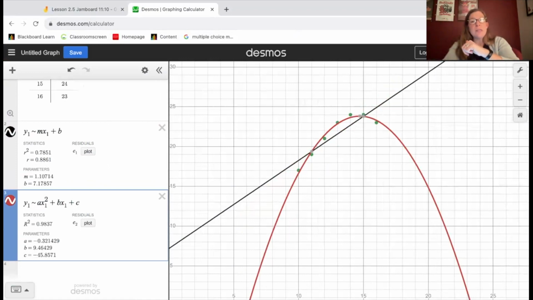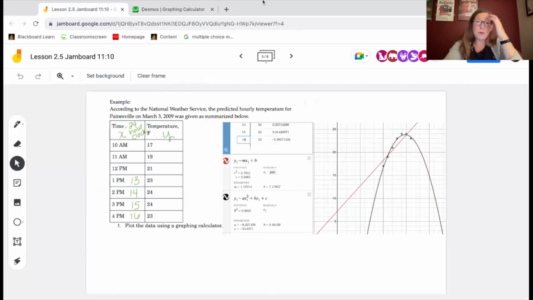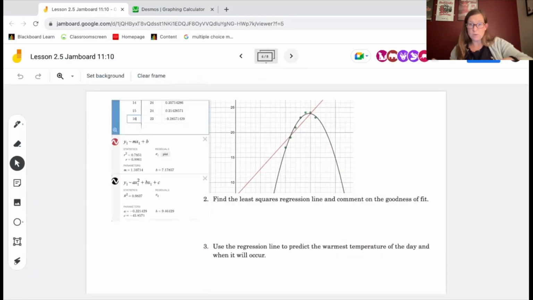So in my notes then, in Jamboard, I've got all of these same pieces already copied over for us. So we plotted the points using a graphing calculator. So then slide 6, let's do something with that data. Find the least square regression and comment on the goodness of fit. Okay, so let's look. We're looking at little r for linear, and I'm looking at big R squared for quadratic.